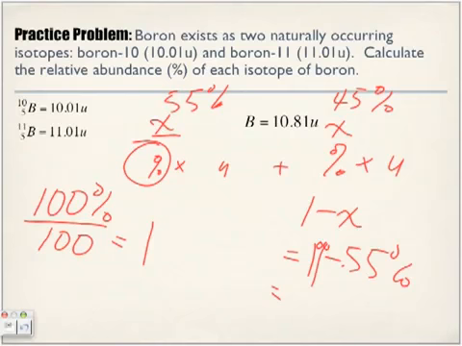So 1 minus 0.55. What is 1 minus 0.55? One of them is 55%. The other one represents 45%. So that's what it means.